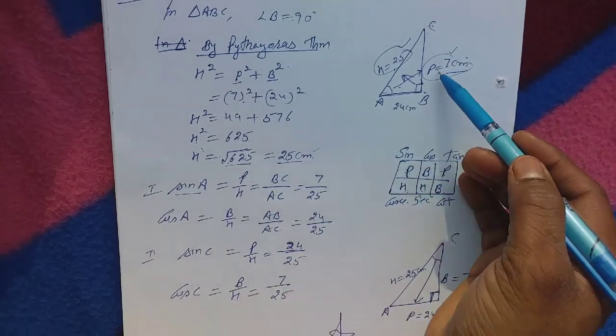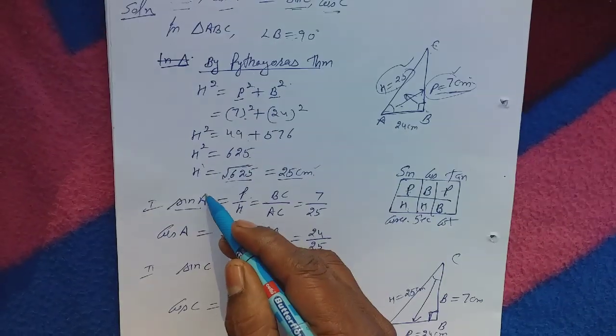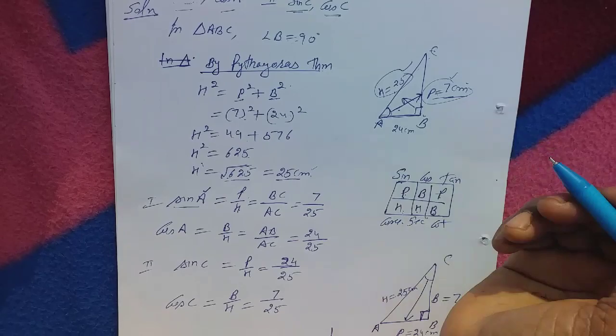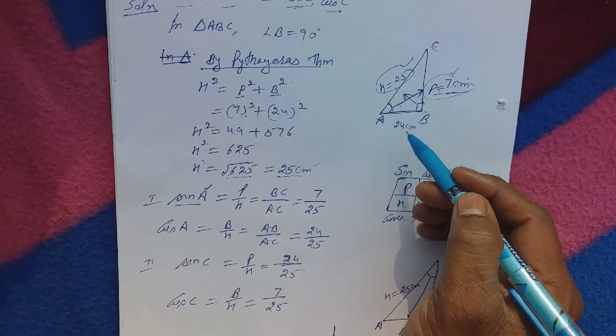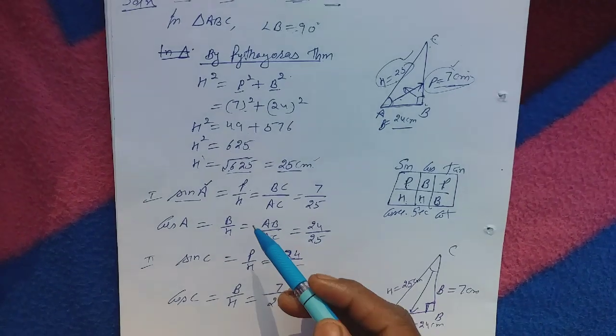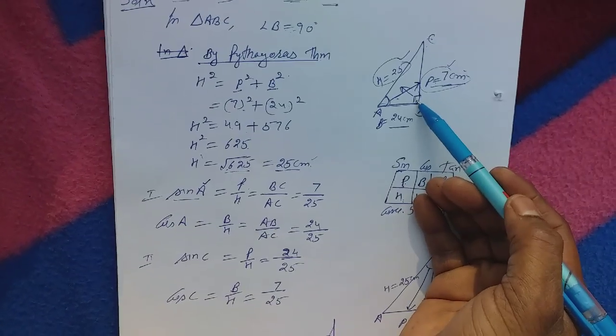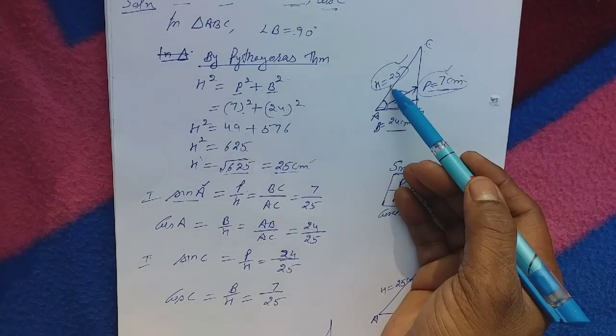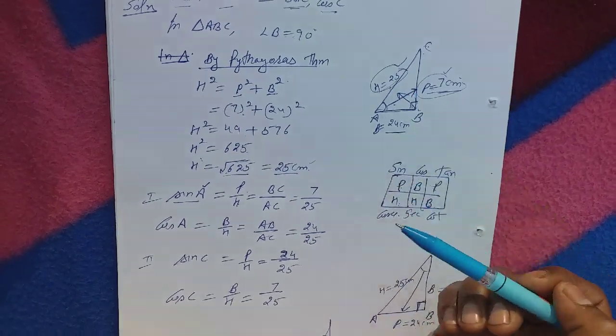Here the main angle is A, so opposite of A is perpendicular and its adjacent side is base. So base is 24 centimeter, and opposite to 90 degree is hypotenuse, and hypotenuse is 25.